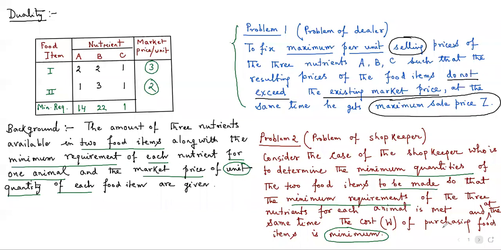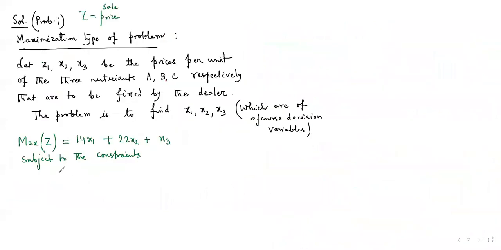So from this analysis, we can get the constraints as the following. We get 2x1 plus 2x2 plus x3 less than or equal to 3, x1 plus 3x2 plus x3 less than or equal to 2, and x1, x2, x3, these are the decision variables, and therefore these are non-negative.